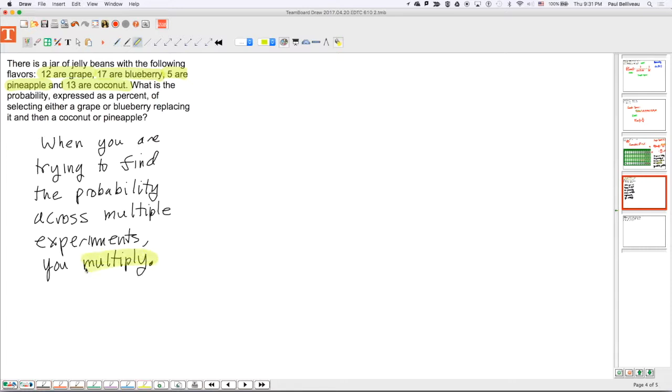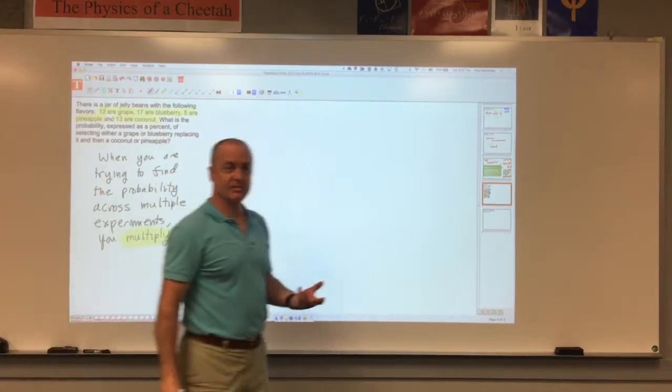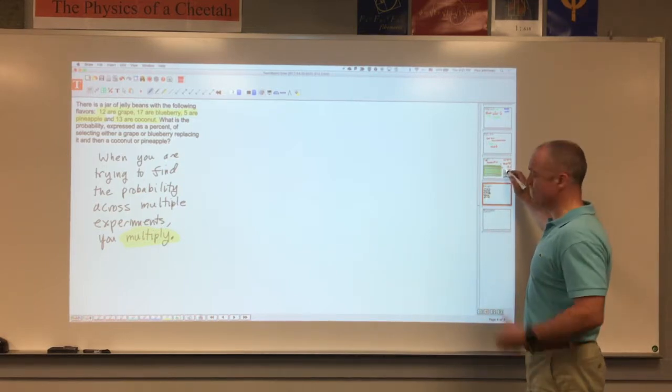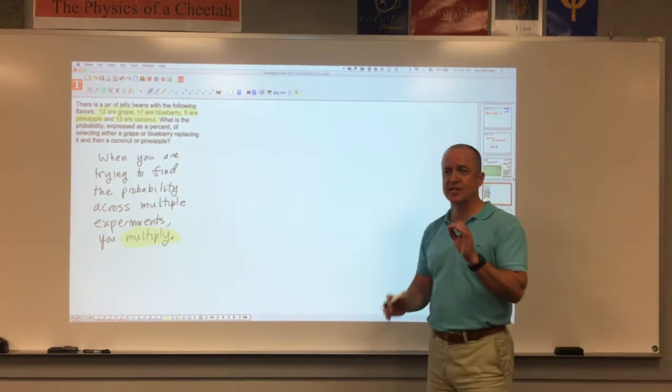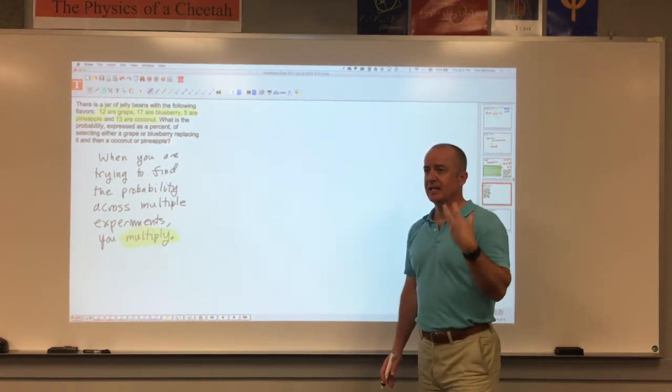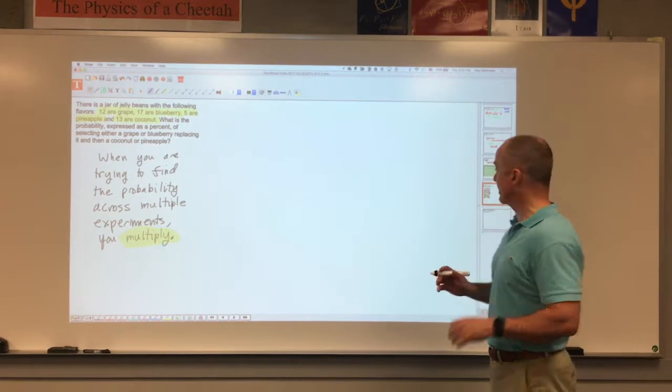This is confusing. One minute I'm saying to add, the next minute I'm saying to multiply. Seems confusing, right? Okay. This is where knowing your words can be helpful. The better you understand these words, the difference between an event, sample space, and an experiment, the easier this will be to keep track of.